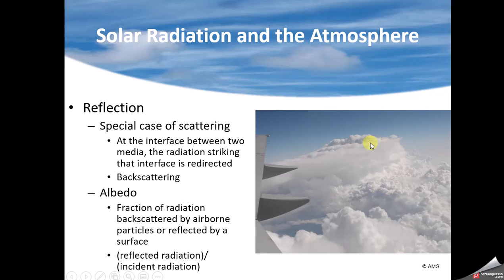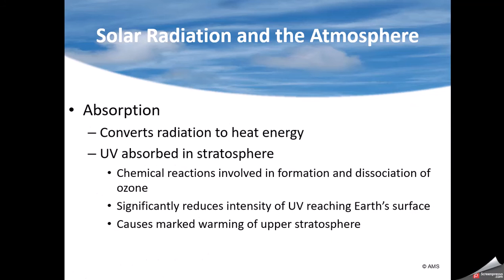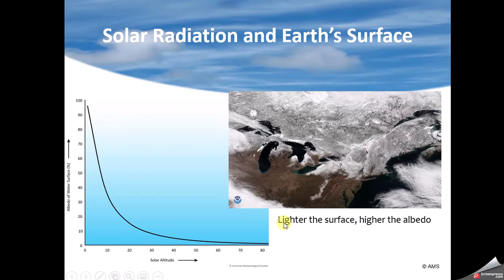Albedo, reflection. Think about it. Those clouds look white when you look at them on satellite. Absorption. Some of this might even be from different chemicals in the atmosphere or the Earth. The lighter the surface, again, the higher the albedo. So when it snows, you actually get less radiation at your house to be used for heating the air.